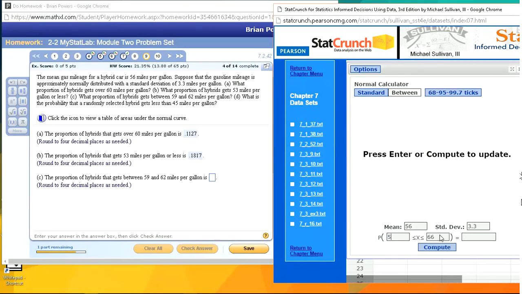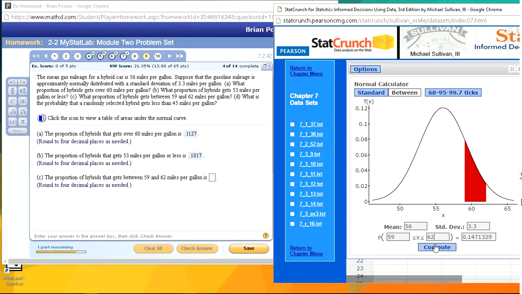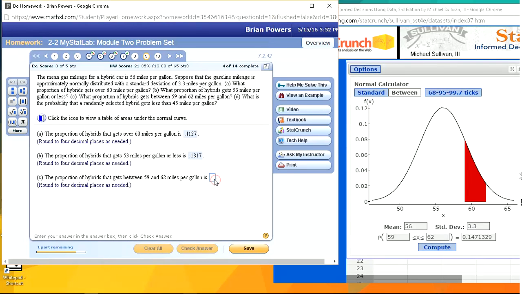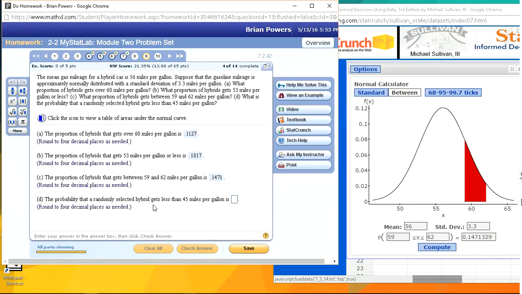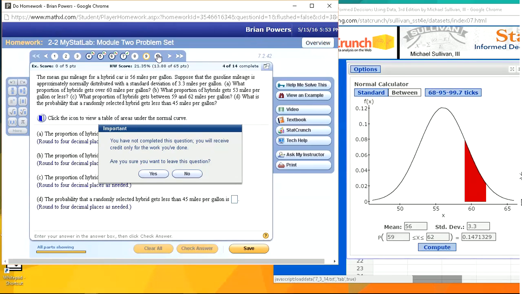Super easy once you know how to do it. Very quick, no need to mess around with normal tables. Just make sure that you've typed it in all right. 59.62 and less than 45. Okay, I'll skip that last one. That's more of the same.